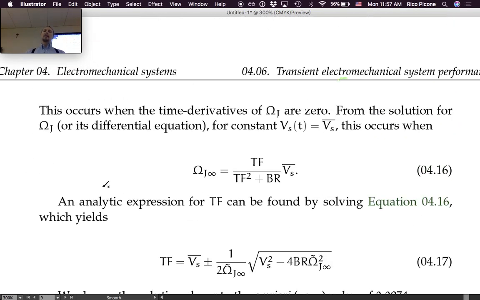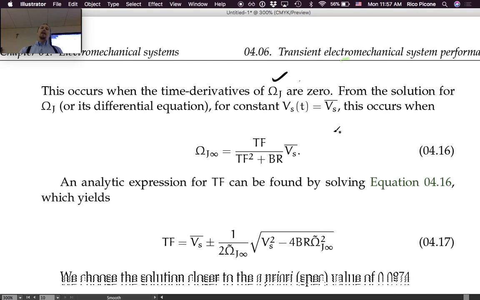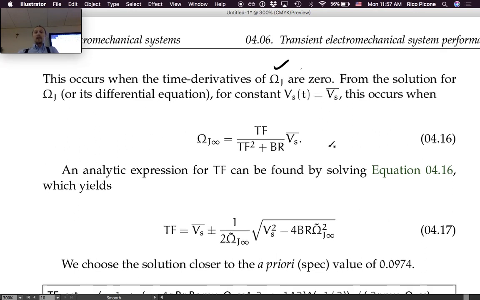This occurs when the time derivatives of omega j are 0. From the differential equation for omega j, for constant voltage input, this occurs when this equation is true. So this is the steady state value analytically, according to our model.